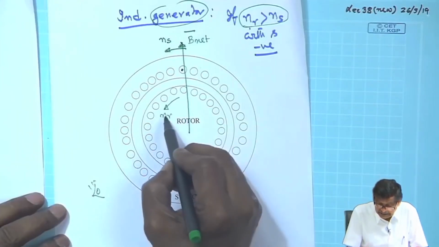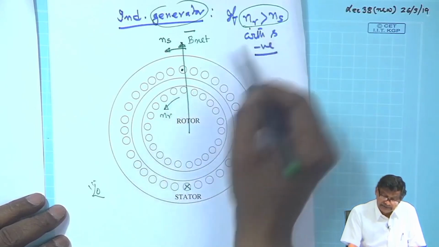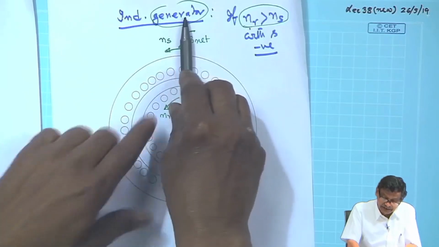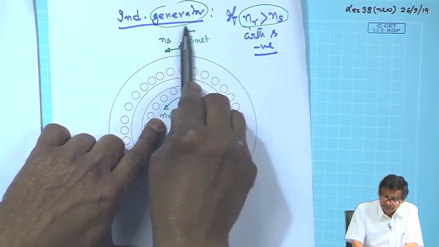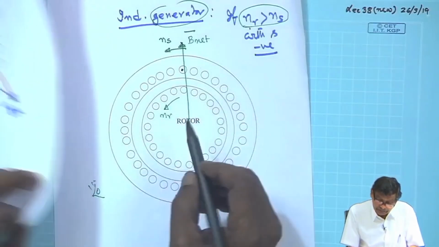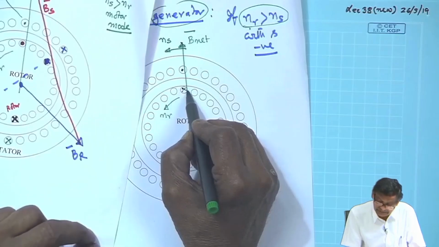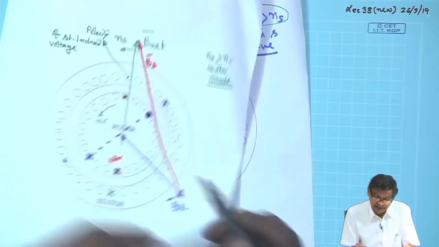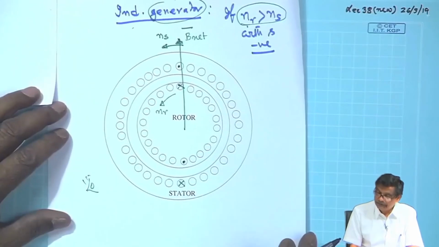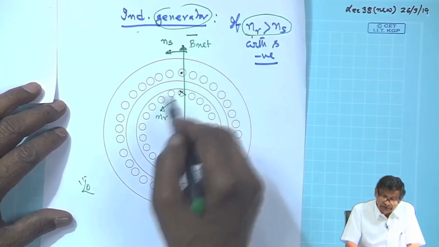However, since n r is greater than n s, this time this field, if you are sitting on the rotor, is moving in this direction. Therefore, the polarity of the induced voltage in the rotor will change. With respect to the earlier one, this will become cross, and this will become dot. Okay, this will be the polarity of the induced EMF.